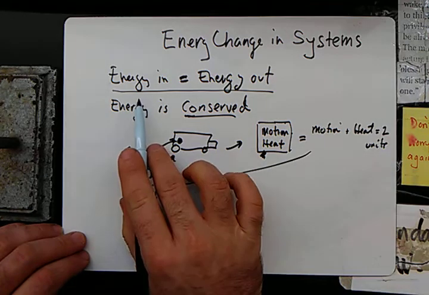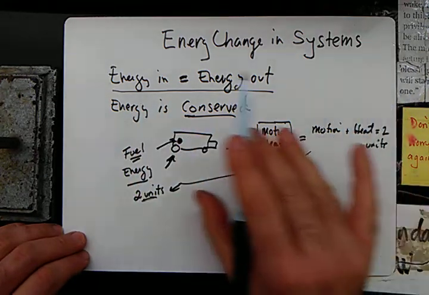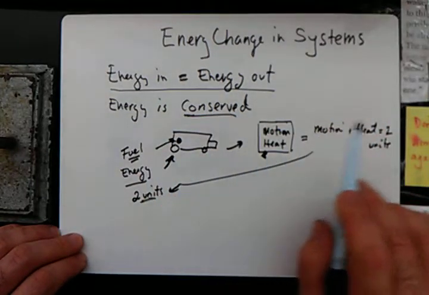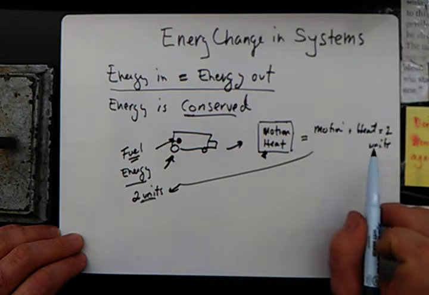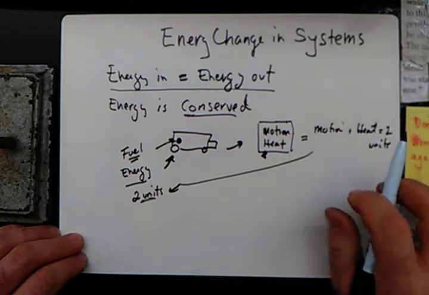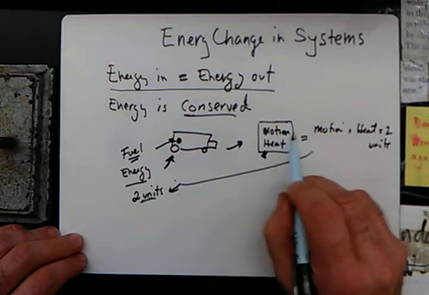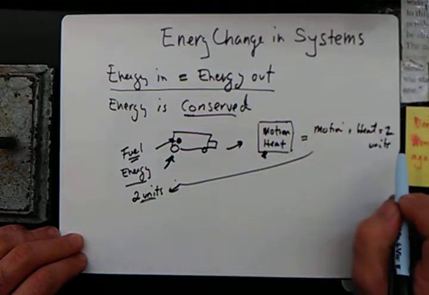So what I put in, I got to get out. What I put in, I got to get out. So this energy is never, ever lost. Nothing in the universe is lost, which is pretty cool to think about, because if I put 2 units in, I'm getting 2 units out no matter what.